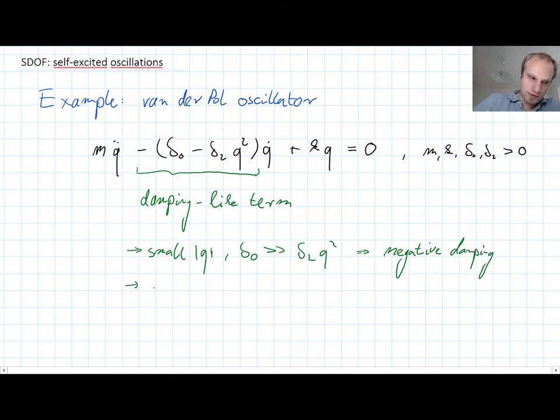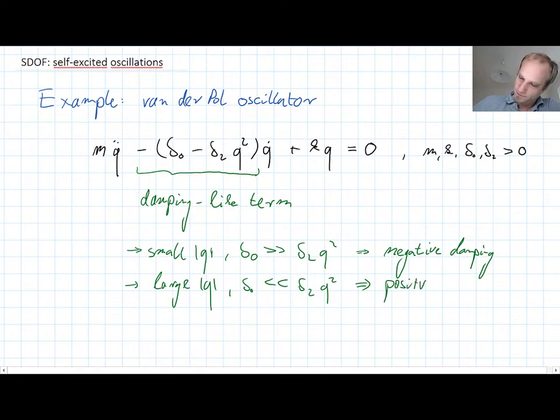On the other hand, for large vibrations, large oscillations, this sign here just switches, and we have positive damping on average.